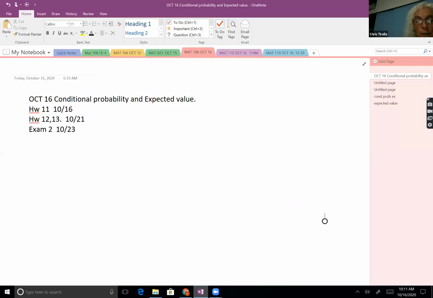And last class, we were looking at that idea of conditional probability. And we had said that the probability of A given B is the probability of A occurring given B already occurred.